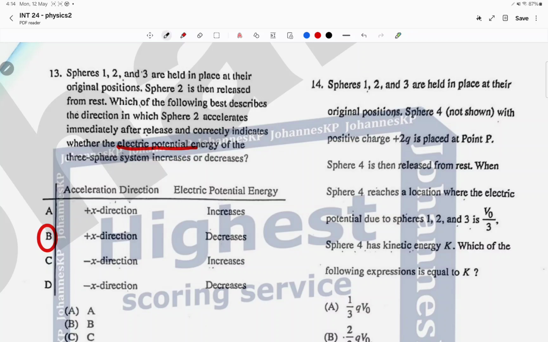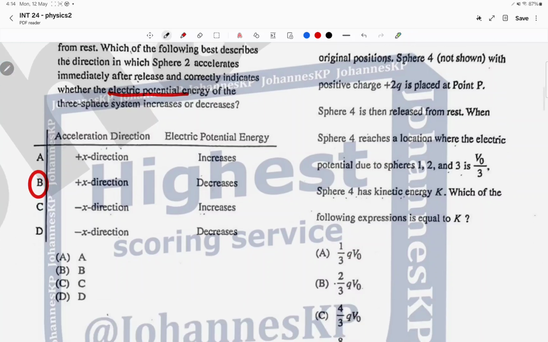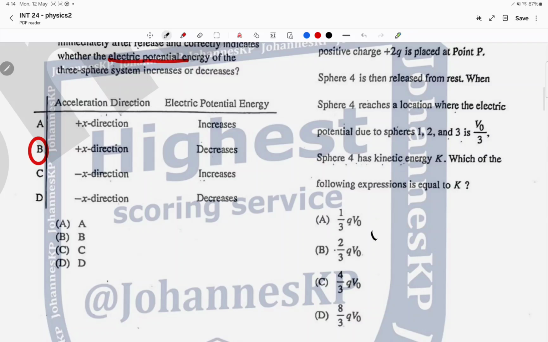14. Spheres 1, 2, and 3 are held in place at their original positions. Sphere 4, not shown, with a positive charge of plus 2Q, is at point P. Sphere 4 is then released from rest. Look, UF minus UI is equal to K. That's an equation.